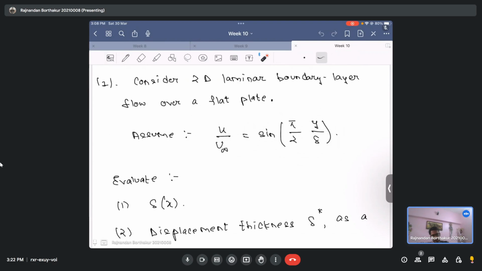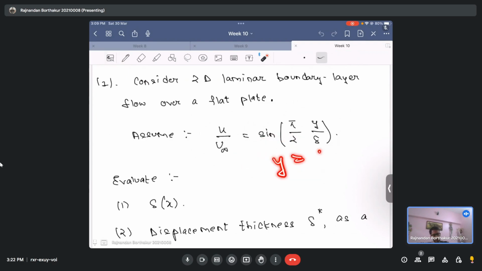You can verify that the boundary conditions we used to evaluate the constants A, B, C in the previous problem are satisfied by this velocity profile. Let's check. When y equals 0, u is 0, so the no slip boundary condition is satisfied.